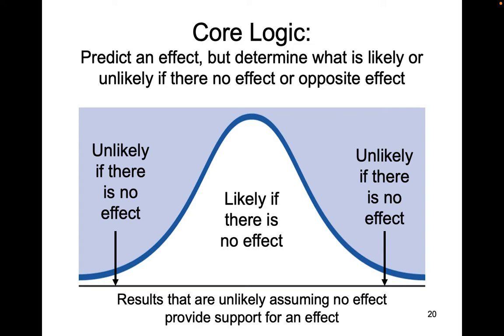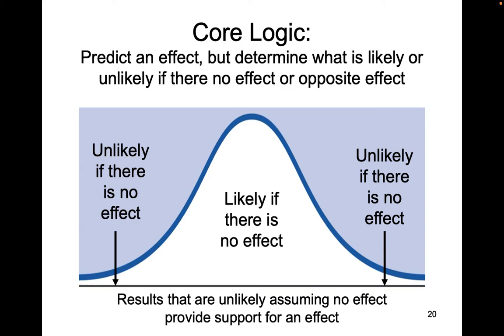So we imagine, what if there's no effect at all? What scores would be likely and which would be unlikely? If it's highly unlikely that we'd get our research results if there's no effect, then that would be our basis for rejecting that there's no effect.